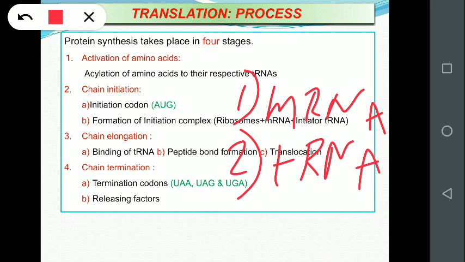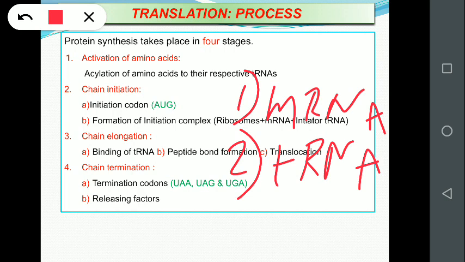So that is why it is known as an adapter molecule. With one end, the anticodon arm, it recognizes the specific codon, and with the opposite end, the amino acid attachment site, the amino acid accepting arm, it carries the specific amino acid that is specific to the codon on the mRNA.